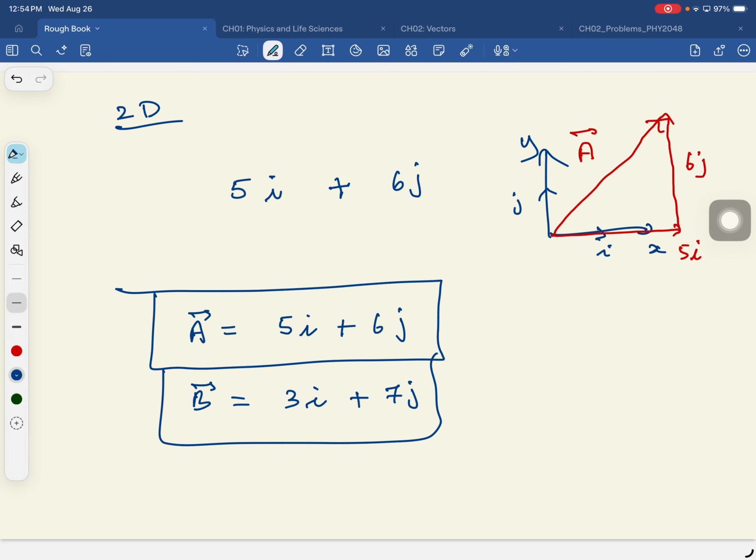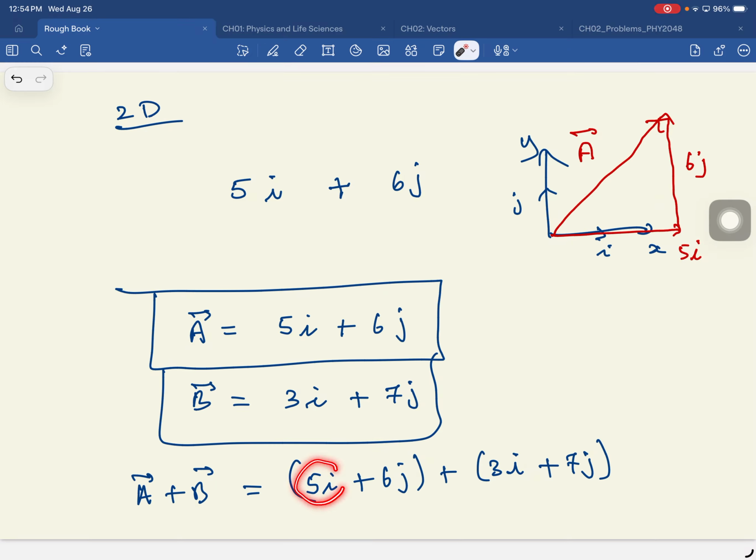Okay, so here are two vectors. Now let's add the two vectors, A plus B. This is a vector, this is a vector, and they are in the same direction. So the sum of those two will be just a vector whose magnitude is the sum of their magnitudes.